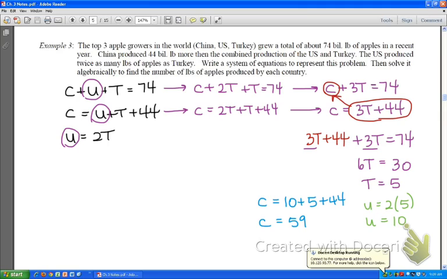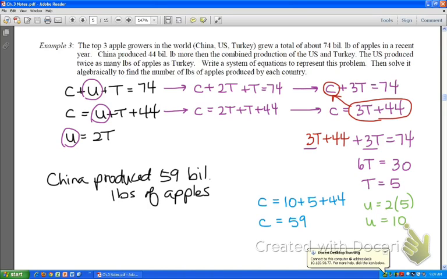All right. And then I do want you guys to summarize in context of the problem. So if you were to write out verbally what each of those mean, what would you say? Okay, what else would you say?